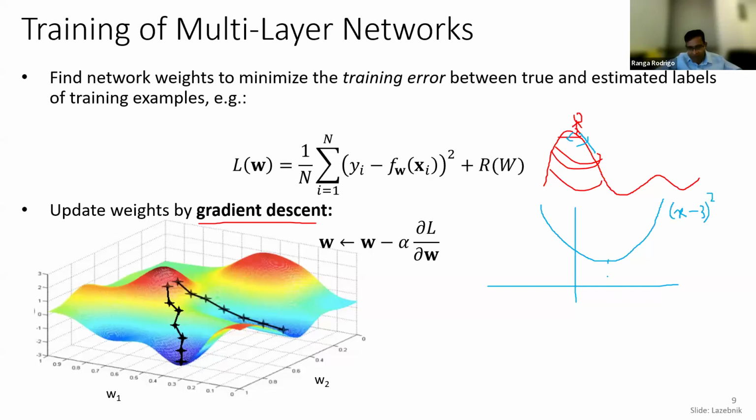Now, this is the minimum. What we want is to go to the minimum. We are standing somewhere. Let's say we are standing here. This is where we are, the x location where I am standing.